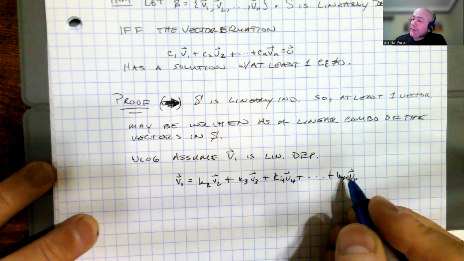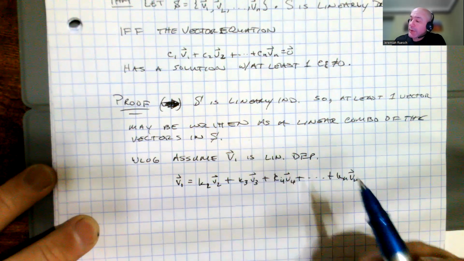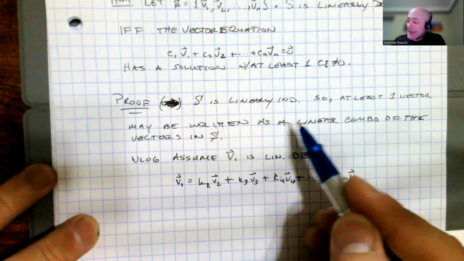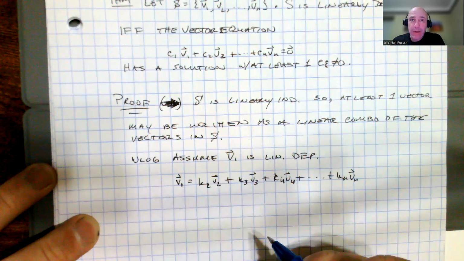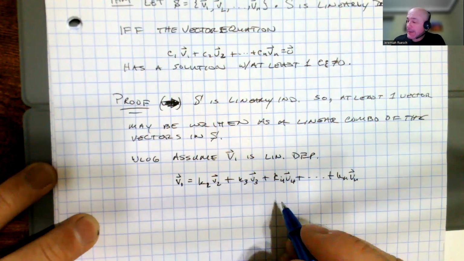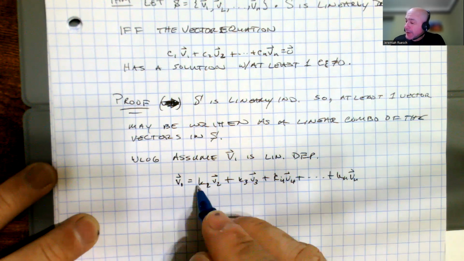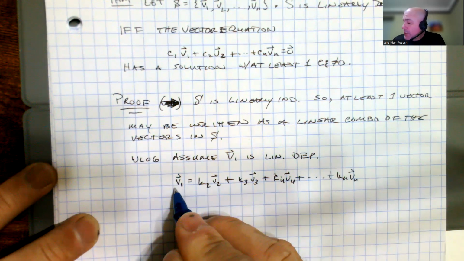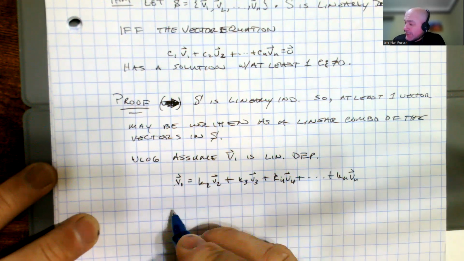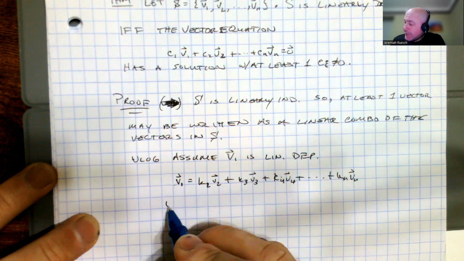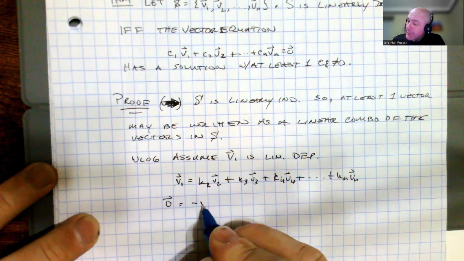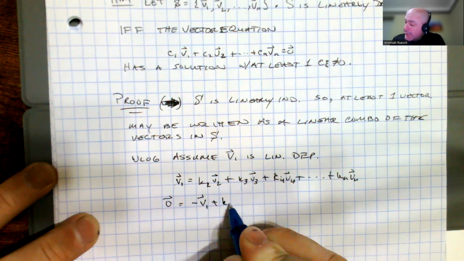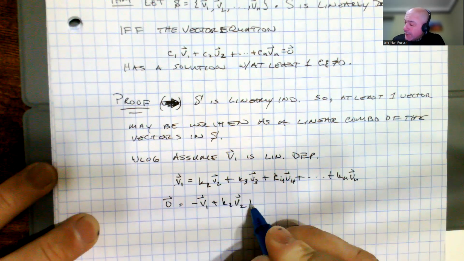We can assume this is true since at least one vector is such a combination, and we say v1 is that one. So if we move this v1 over by adding its additive inverse, this equals the 0 vector.